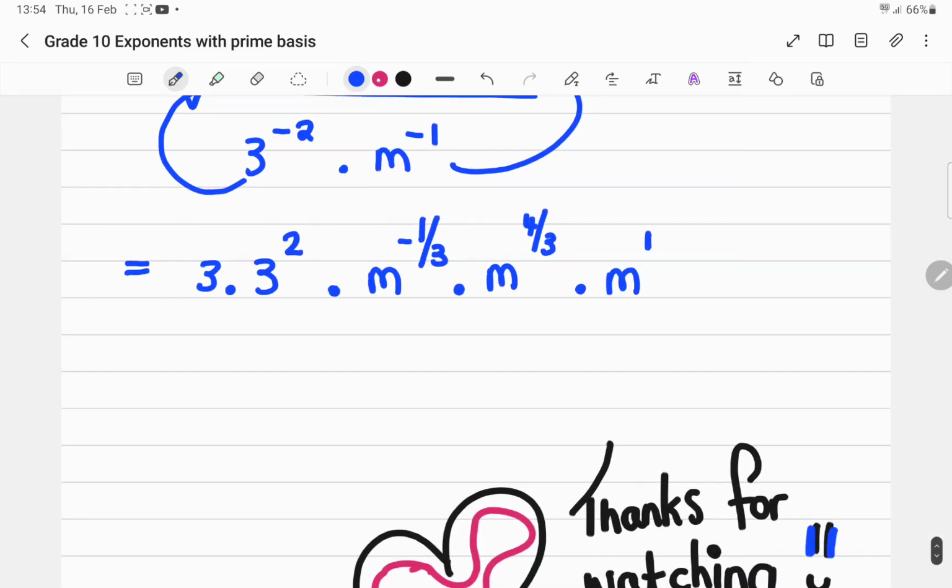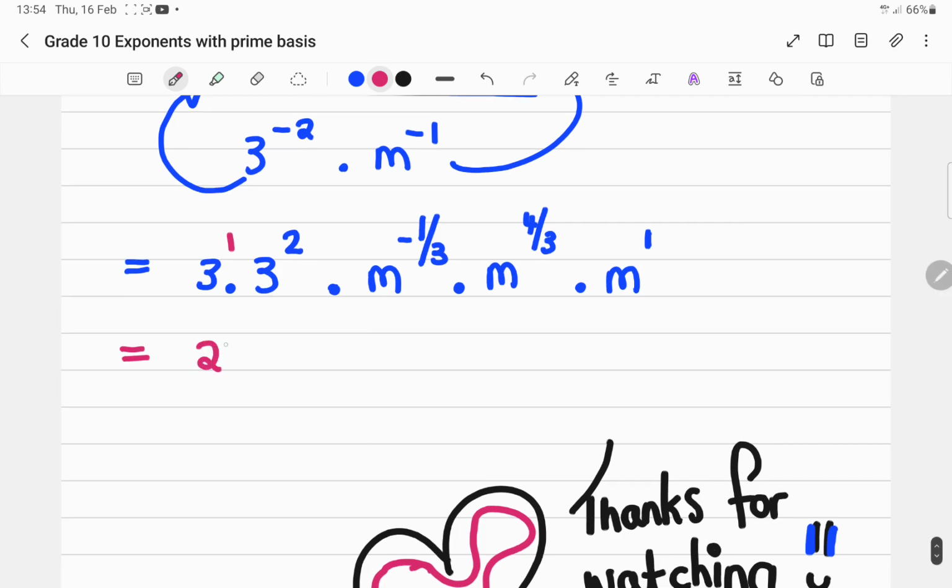So now we're going to change this 3 to the power 1 times 3 to the power 2, which is in actual fact 3 to the power 3, or 3 times 9, which gives you 27. And then with this one they all have the same bases, so I'm going to keep my same base and I'm going to add the exponents.